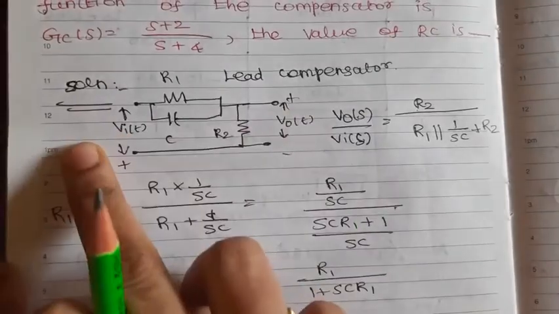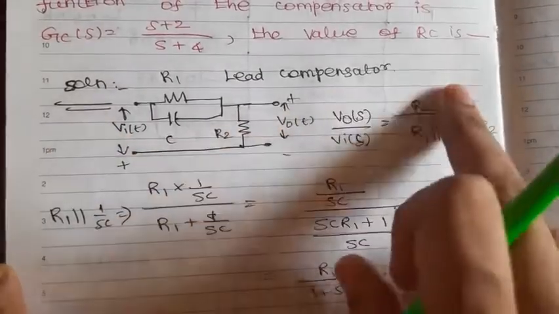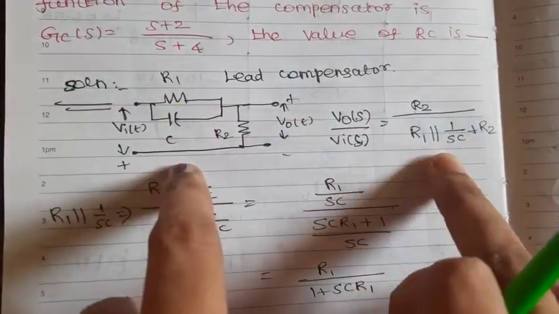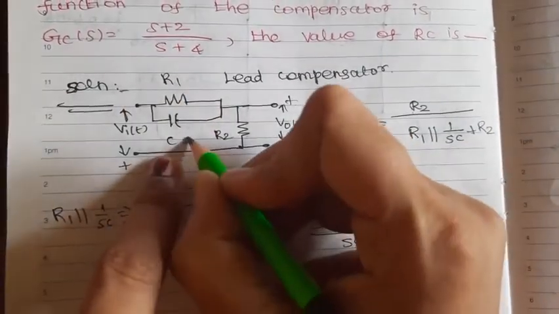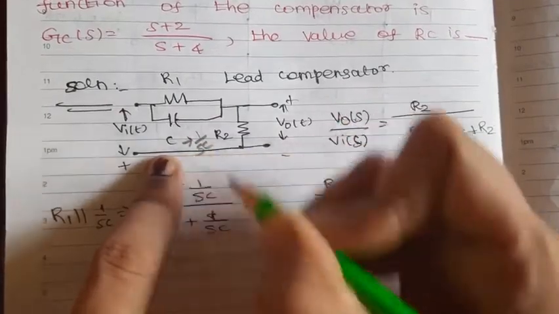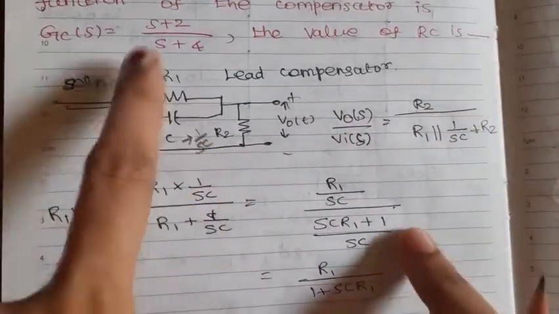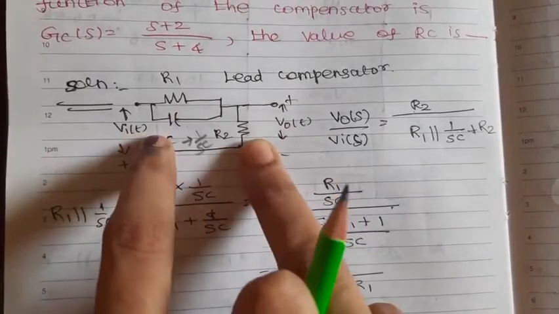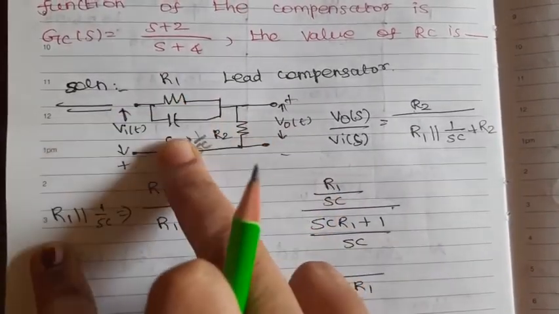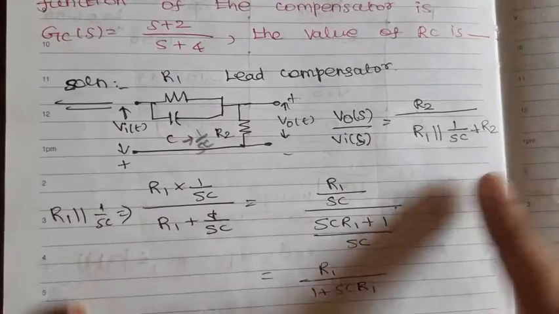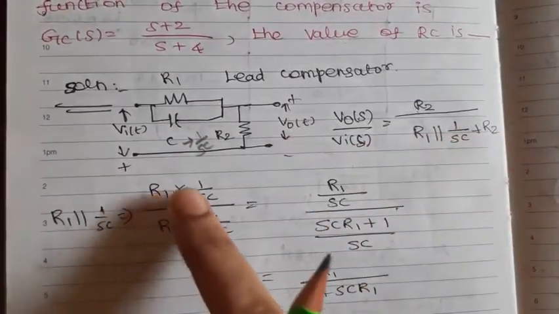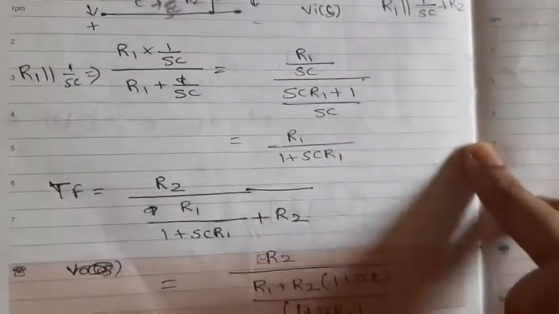So V naught of S by V1 of S is nothing but R2 divided by the impedance, where R1 and 1 by SC are in parallel and added with R2. So R2 divided by R1 parallel C plus R2. Solving this parallel combination, R1 R2 divided by R1 plus R2.